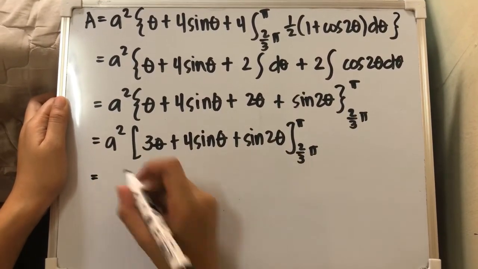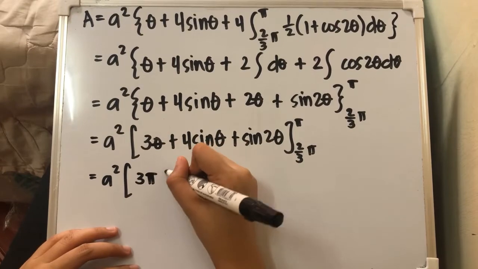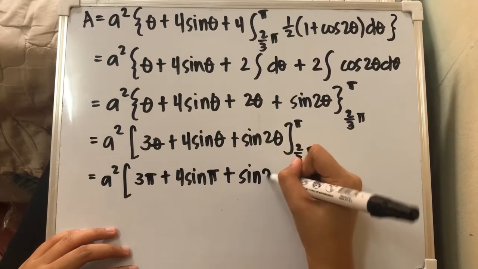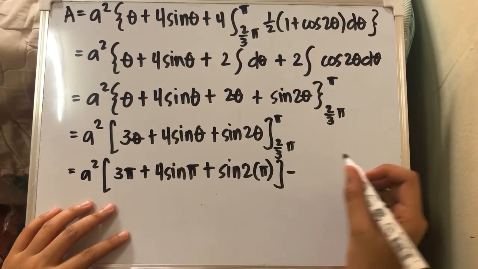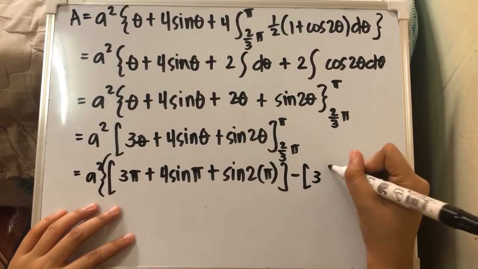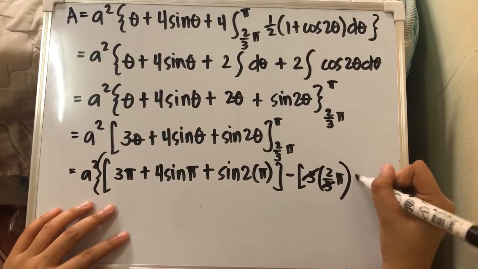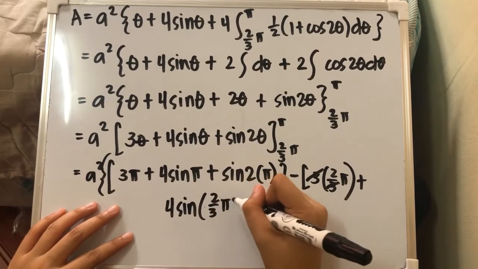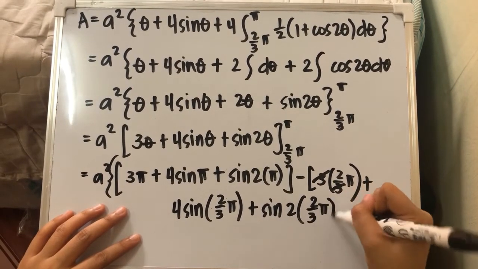Now substituting our limits, we have 3 pi plus 4 sine pi plus sine 2 pi minus, we have 3 times 2/3 pi, so cancel this one, plus 4 sine 2/3 pi plus sine 2 times 2/3 pi.